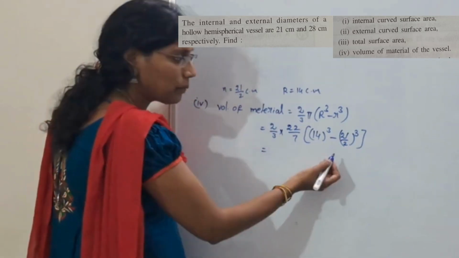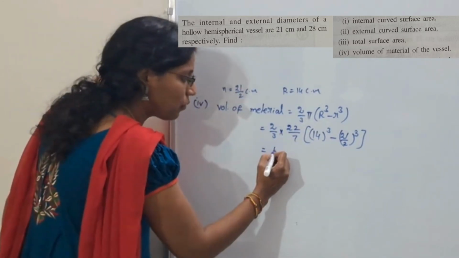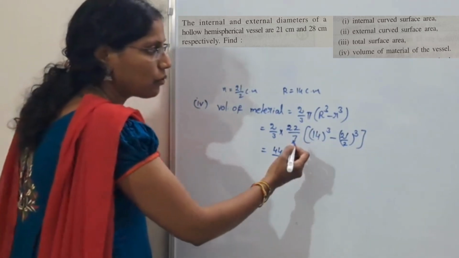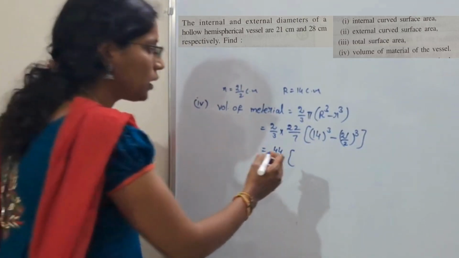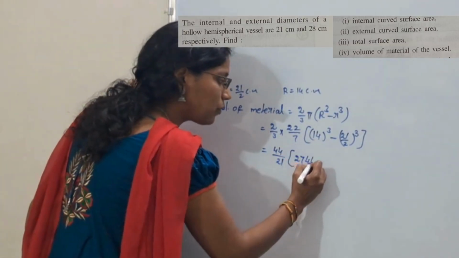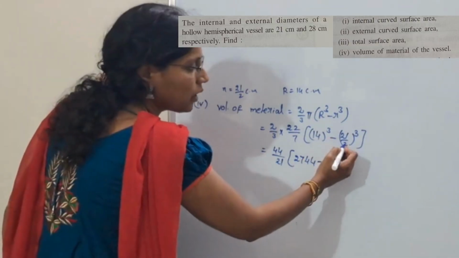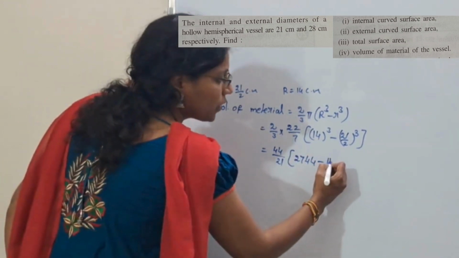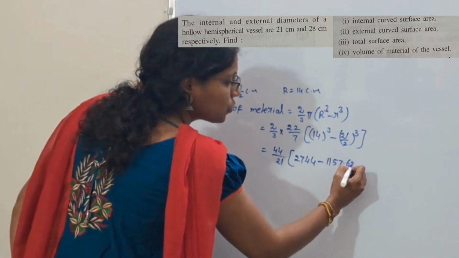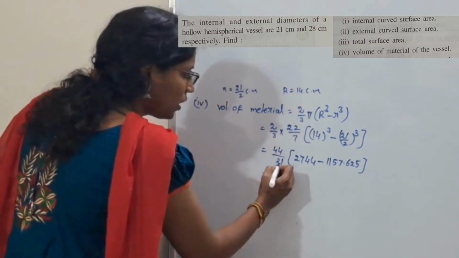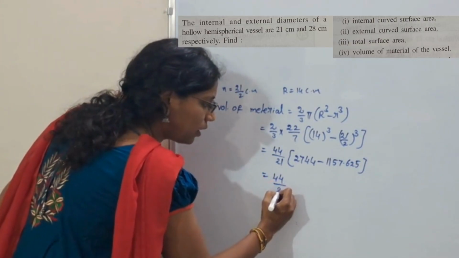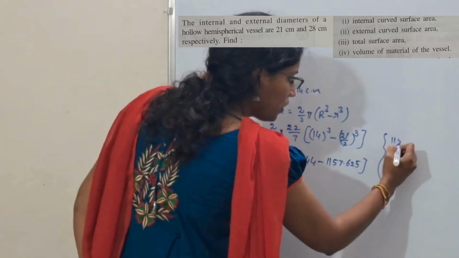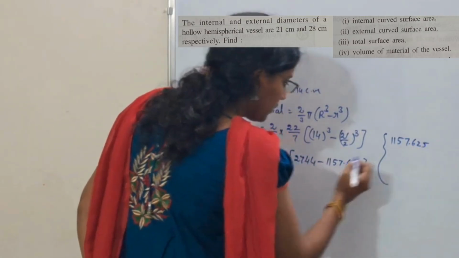Already we did same problem before. Here 44 by 21. Simplification we have to do. Here 14 into 14 into 14, 2744, minus 21 by 2 whole cube. Full we have to calculate, 1157.625. We have to subtract.